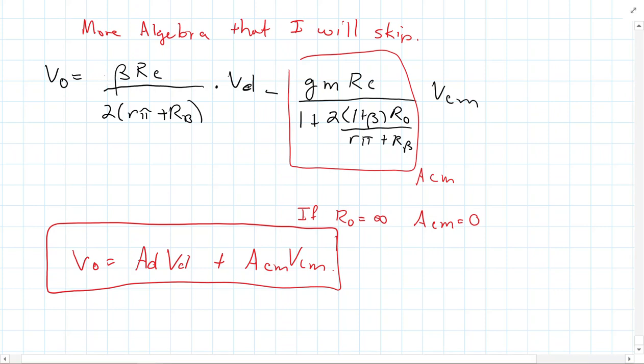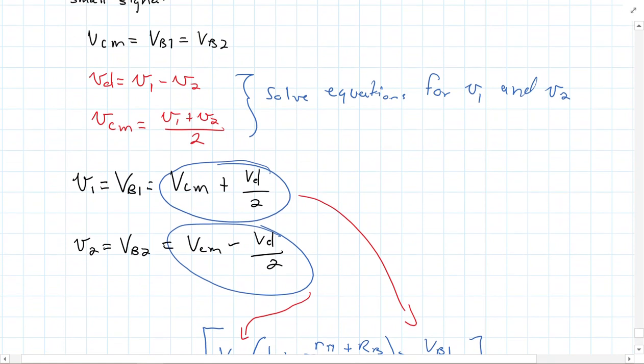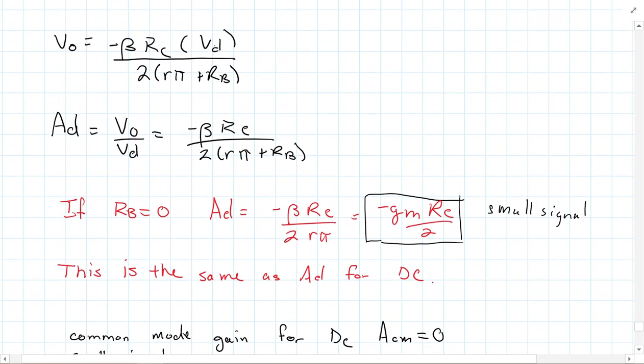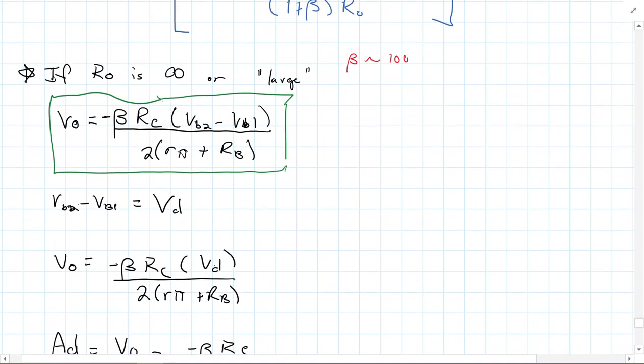The negative really shouldn't be there, because let's go back and see why. This is VB2 minus VB1. VD is VB1 minus VB2.